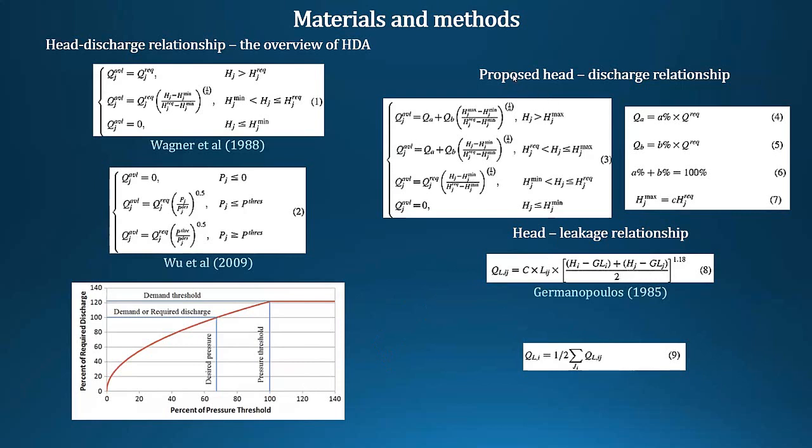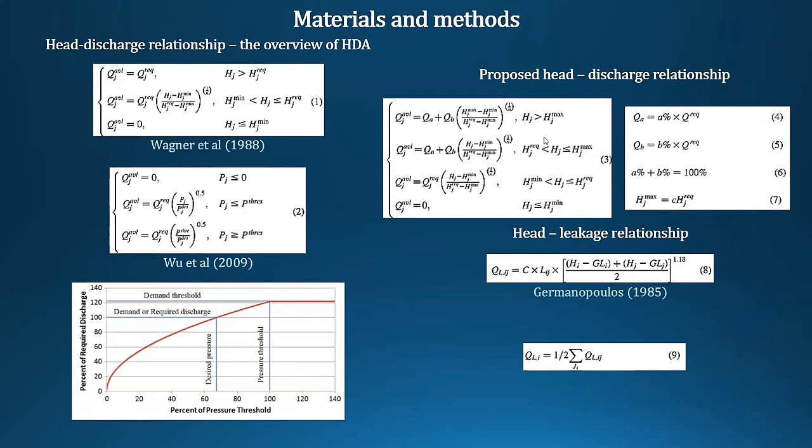Taking this into account, in this paper we have a proposed head-discharge relationship. It takes into account four conditions: first condition, second condition, third condition, and fourth condition. For these conditions, we have the restrictions.